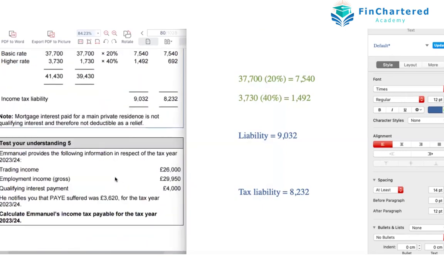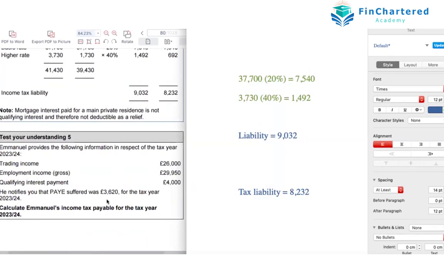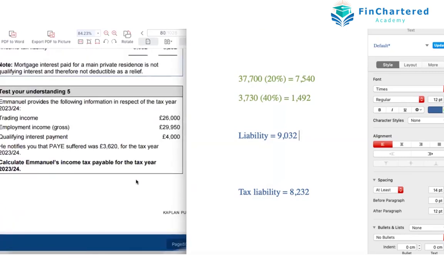Now let's look at test your understanding 5. Guys, the reason I want to do all these calculations is that in tax, there's not much to explain as such. I just told you, you deduct the interest, that's it. Now there may be 10 calculations to do.